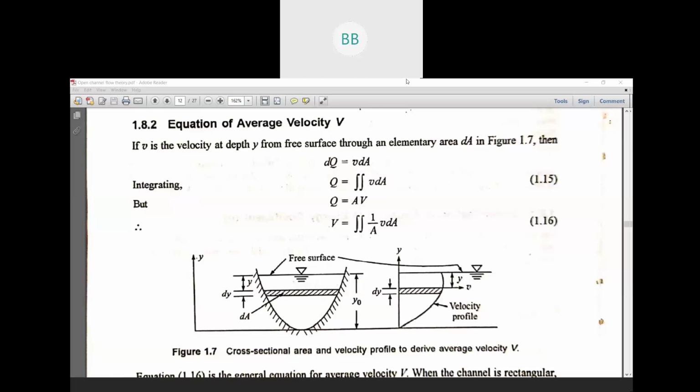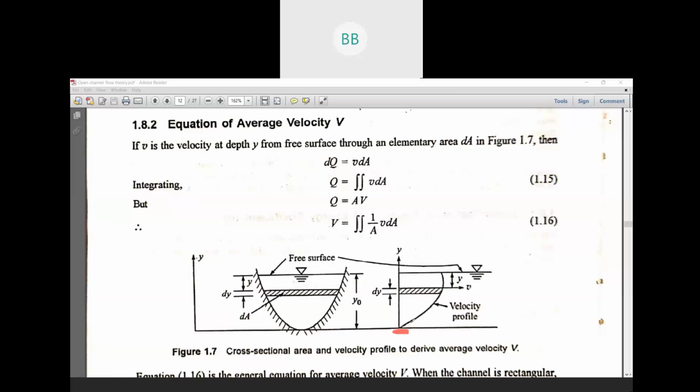Here this is the bottom of the channel. Here we consider the velocity zero, though practically we have some velocity. But it's very difficult to find at the bottom of the channel, so we consider it to be zero.